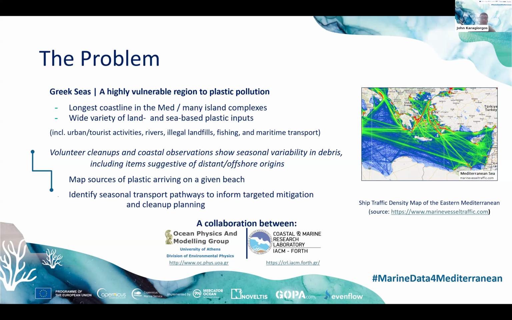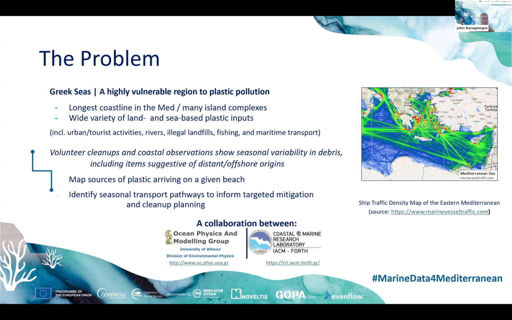So the monitoring of such an accumulation is very important, not only for the marine ecosystems, but also for the environmental quality of popular beach locations, and particularly their blue flag status, which has a direct impact on the tourism and the local economies.